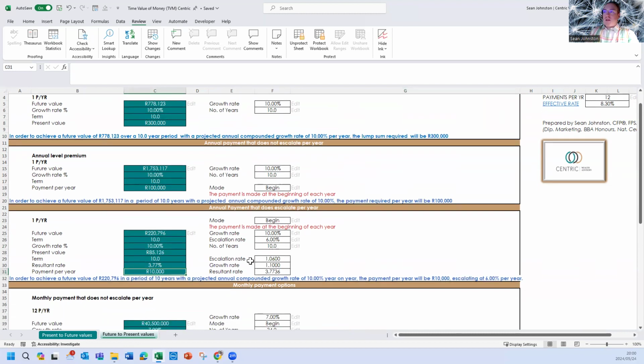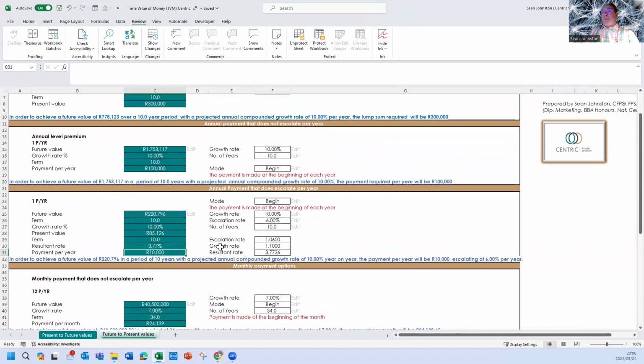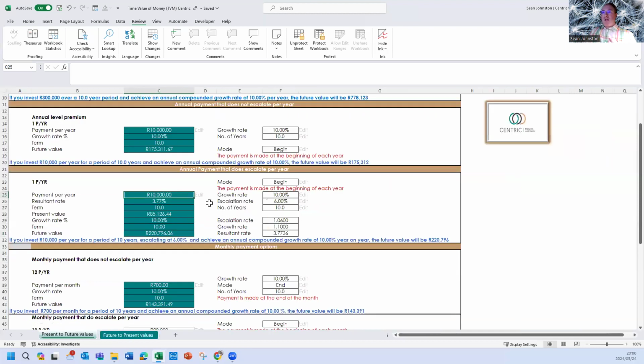So again, going back to the same scenario, let's say you knew what the future value is for a specific target in the future, and you wanted to know how much to make per payments per year, escalating at 6%, you would put 10,000 away for a period of 10 years. So this is just basically, you know the future value, you want to work out how much you put away now, and this is how much I have. What can I expect to get in the future if I factor in growth of 10% and I increase my contributions by 6% per year?